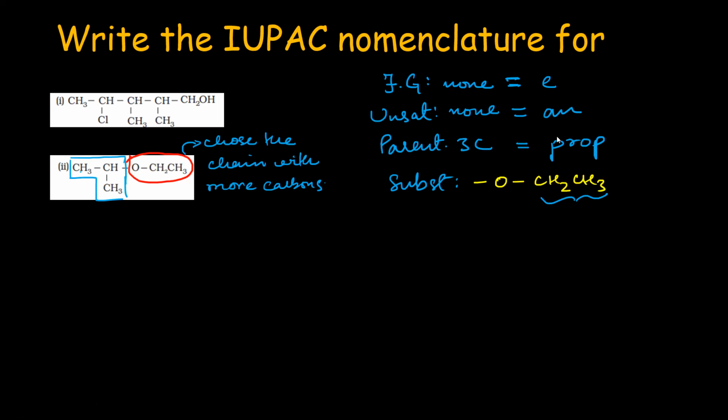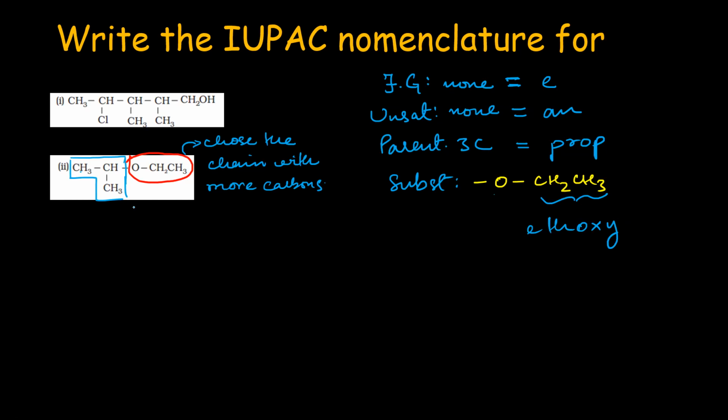If it is present in the parent, it will be eth. If it is present in a substituent, it will be ethyl. And for oxygen, it will be oxy. So this is my substituent, ethoxy. Everything fine? Yes or no? Any doubt till here, guys? No, sir.